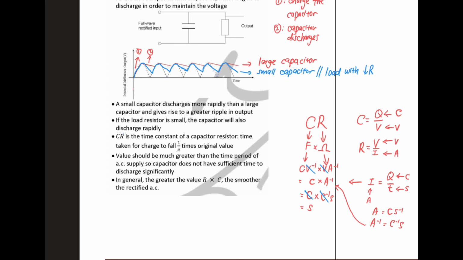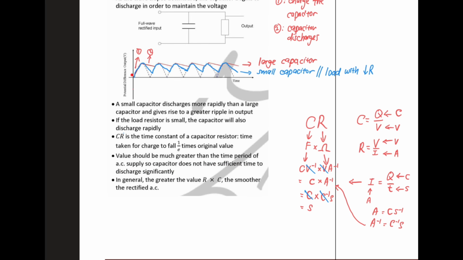So when you calculate your CR, once you get the answer, you can compare with the period. Period is the time when they move one round. The CR value should be much greater than the time period of the alternating current supply, so the capacitor does not have sufficient time to discharge significantly.